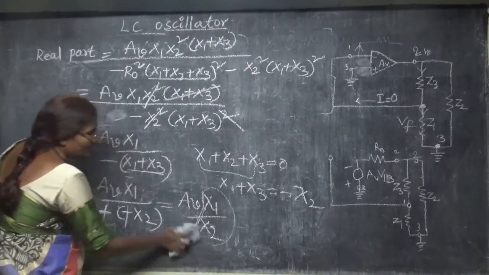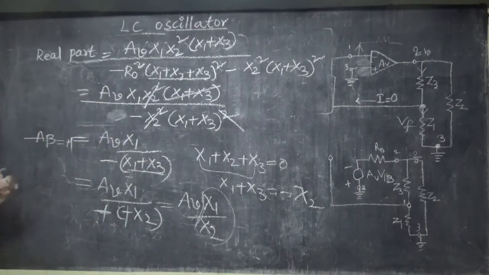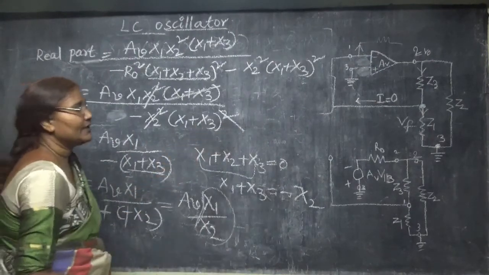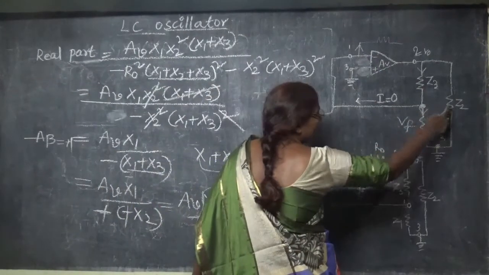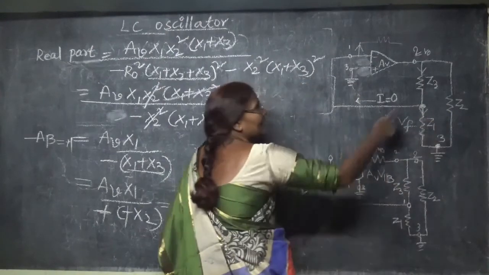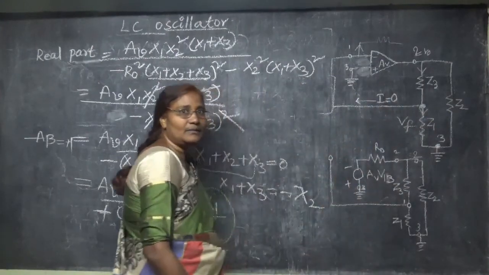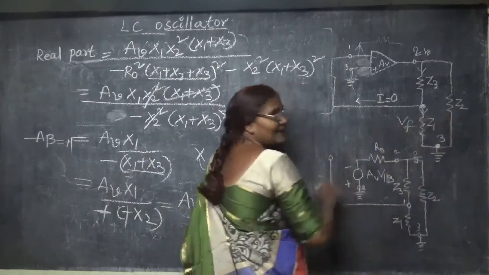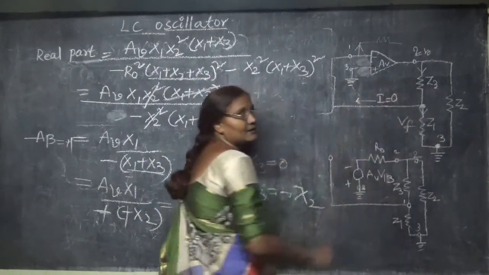So with this, I am going to get two types of oscillators. That means Z1 and Z2 inductors with Z3 as the capacitor, and Z1, Z2 both capacitors with Z3 an inductor.